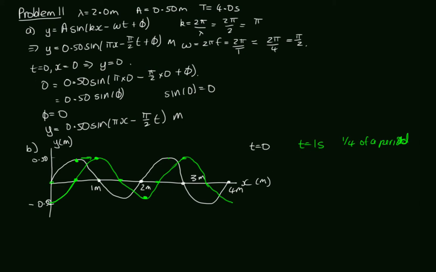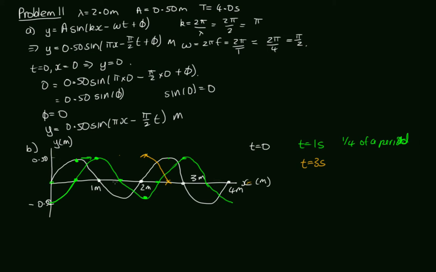And then we're asked at t equals 3 seconds. So let's do that in this orangey color. From this white wave, it's then moved on 3/4 of a wavelength. So this point here has moved on, that's 1/4, 2/4, 3/4, so that point is up there. This point, that's half, and then another quarter, and so this point has moved on to up here.